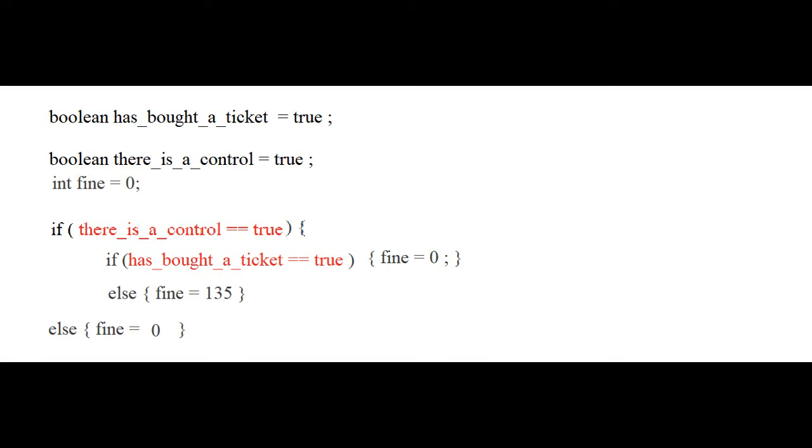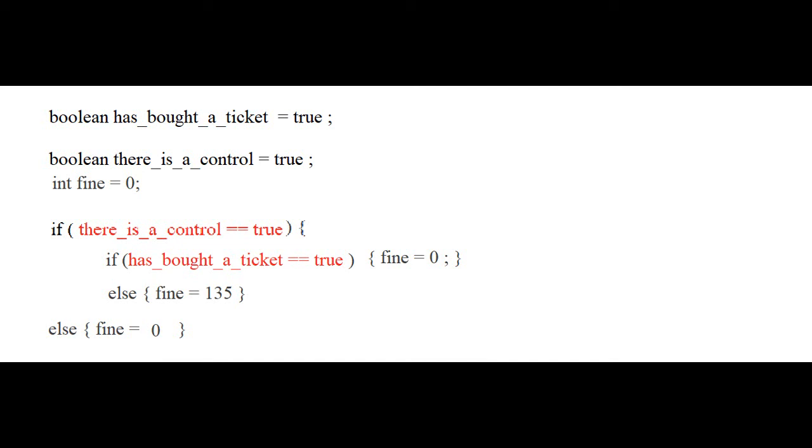So there we look at the example with another point of view, with another angle. We write Boolean has bought a ticket is equal to true. Boolean there is a control is equal to true. The price of the fine is equal to 0.